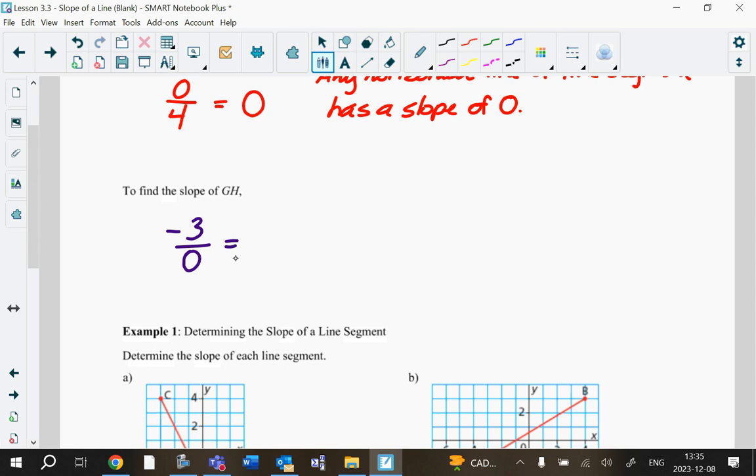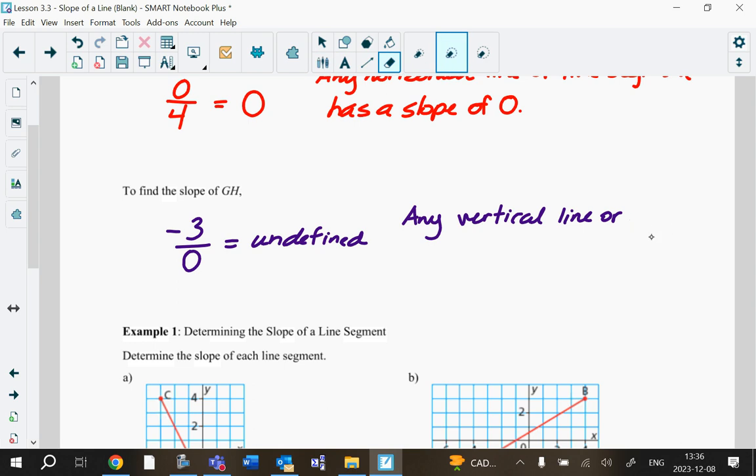Undefined. Can't divide by 0. So any vertical line or line segment has an undefined slope.